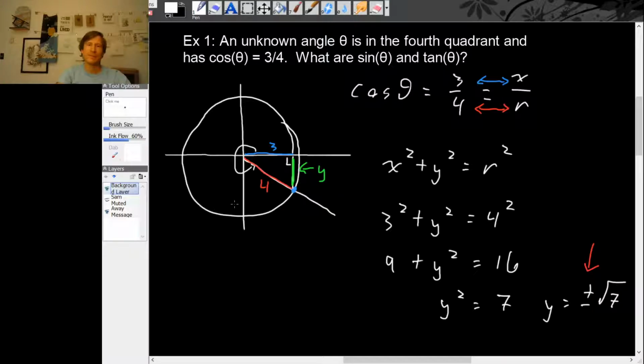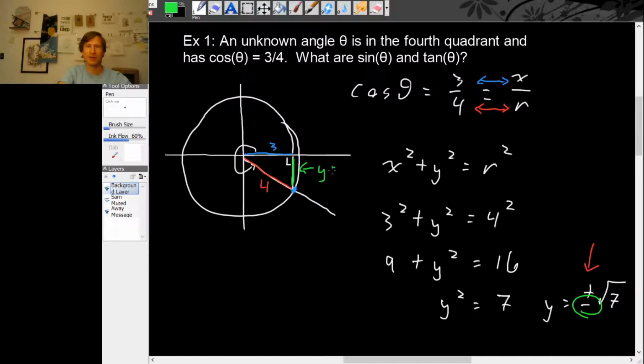But since we have a particular angle in a particular quadrant, we can use the diagram to figure out which sign we should pick. So on this diagram, this y coordinate is definitely negative because the original angle was in the fourth quadrant. So we know we have to choose the negative possibility for y. So y is the negative square root of 7.